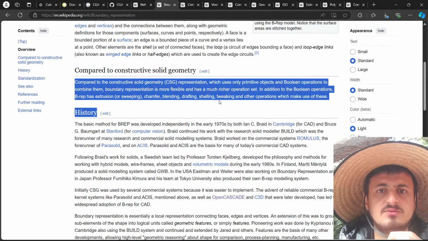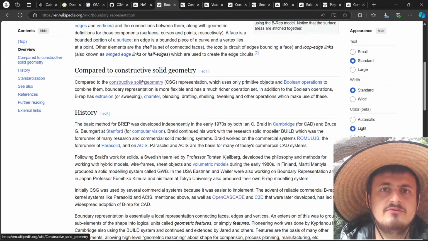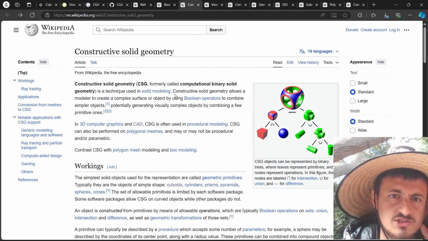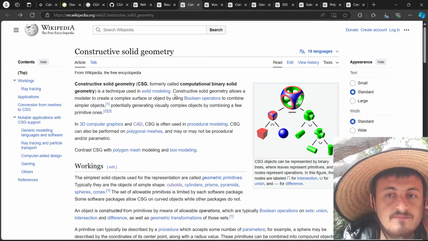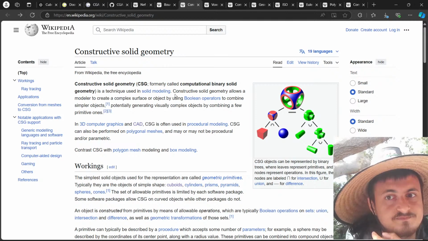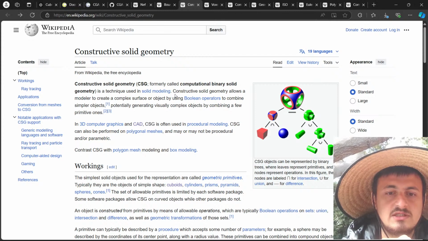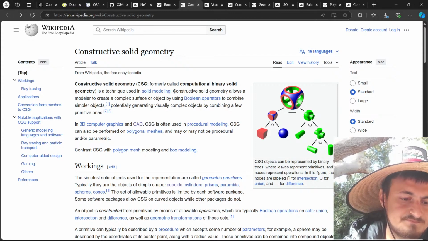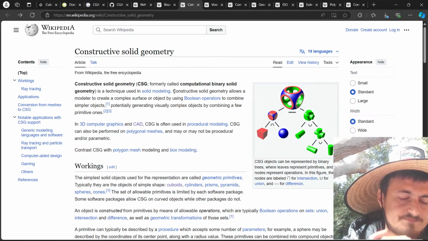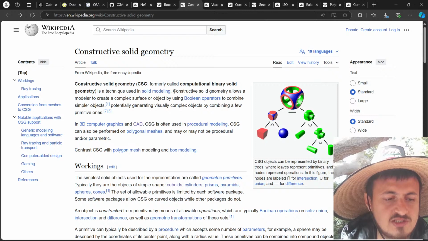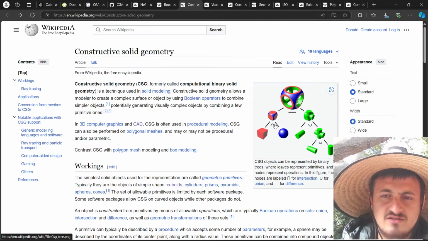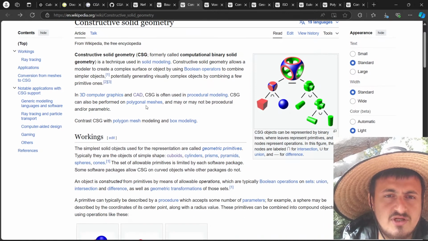Okay, well, I think what we want to do is stick to CSG, because CSG is great. It's probably what everyone thinks of when they think of solid modeling. So I guess what we want to know is how CSG actually does the Boolean operations.